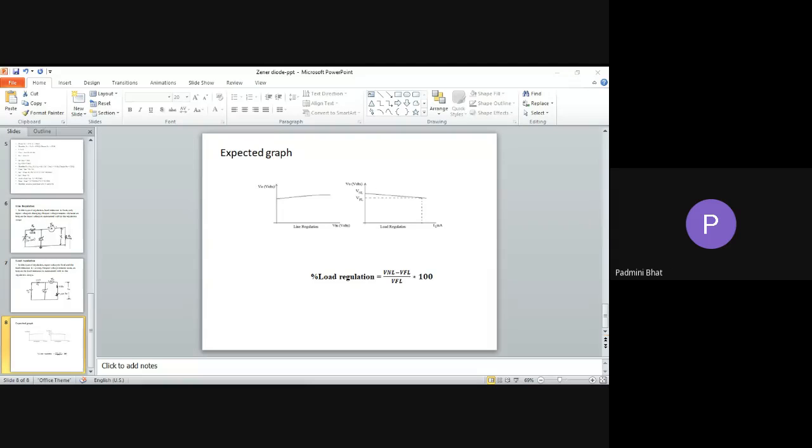In that range I can work, right? If I know that range, then I can design in such a way that if the load varies within that range, I can manage. Correct, no?